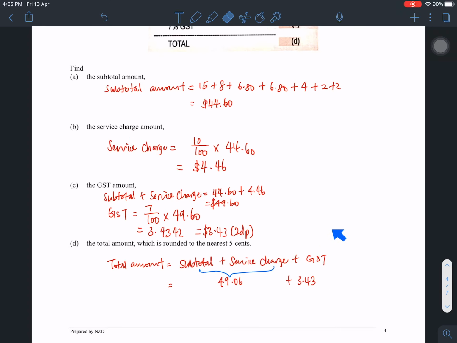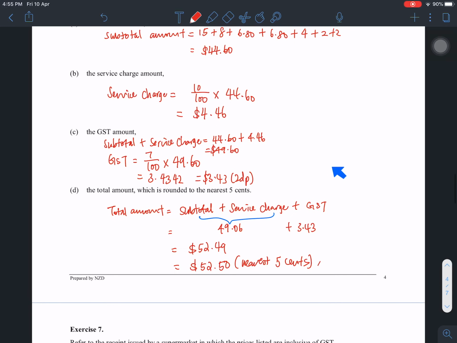So we see that the subtotal and service charge would simply be 49.06 as found over here, and finally adding the GST of $3.42, that gives us $52.49. But rounding it off to the nearest 5 cents, that gives us $52.50. And that would be the answer for this part.